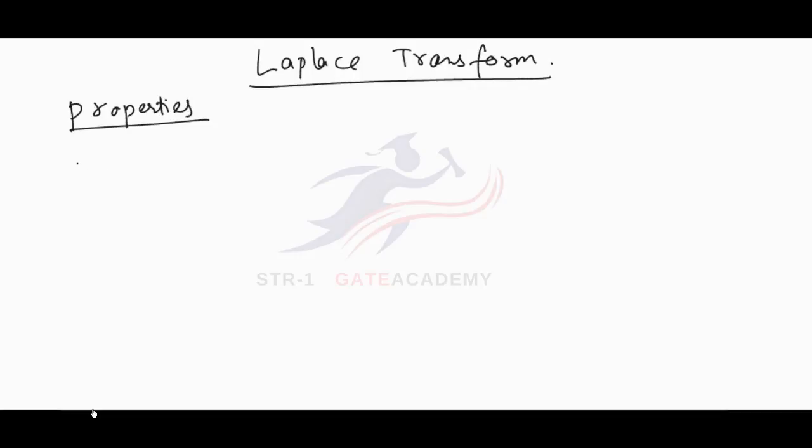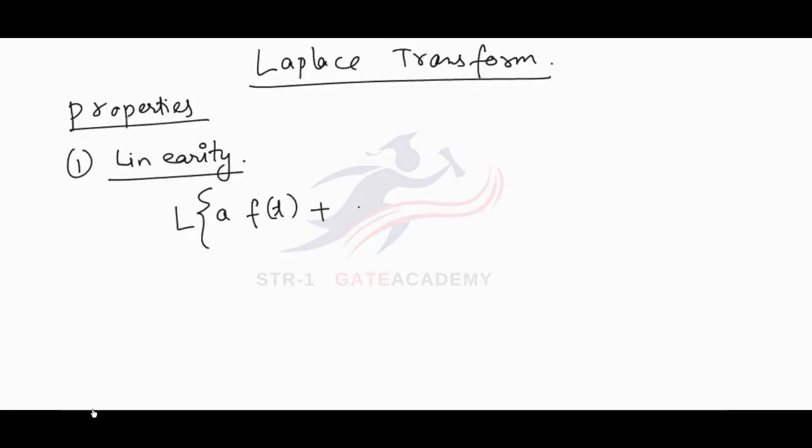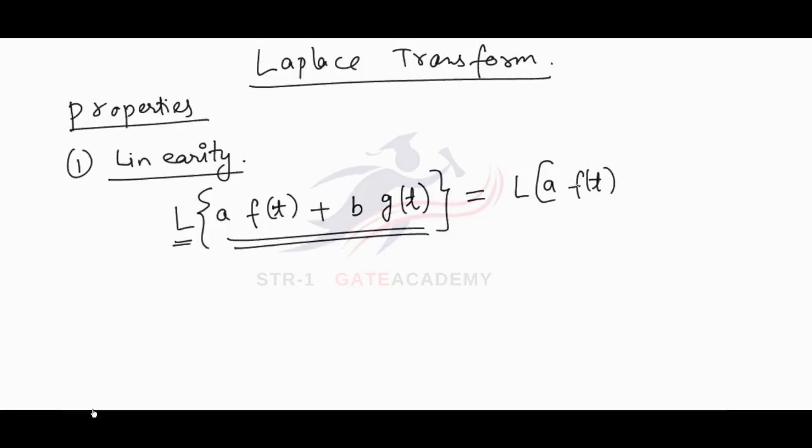Properties. Number one property is linearity. What does the linearity property say? For example, if I have the Laplace of a function, a times f(t) plus b times g(t), a time domain signal like this, and I want to find the Laplace, this can be written as Laplace of a f(t) individually plus Laplace of b g(t) individually.